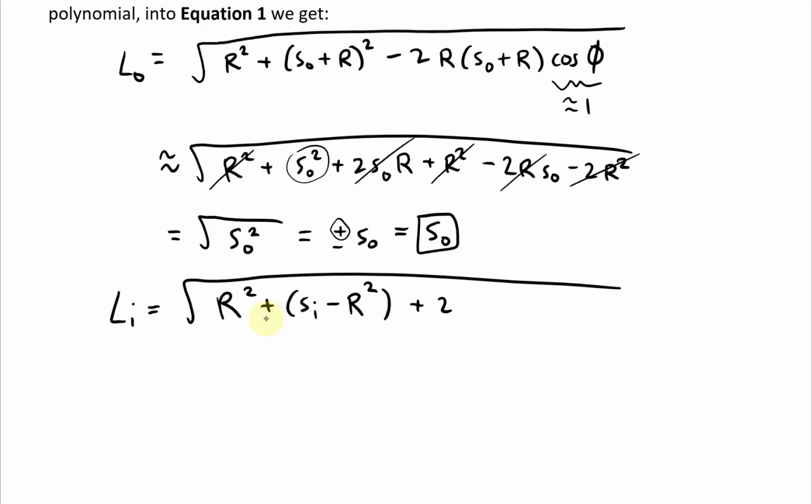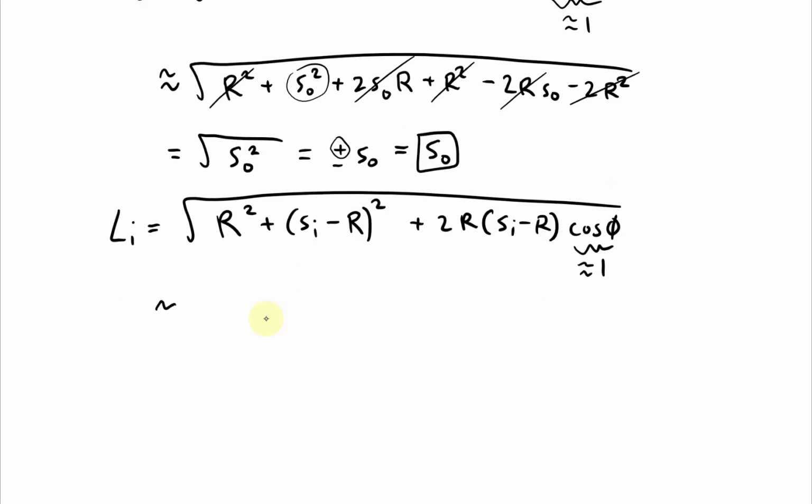So plus 2r, multiply the sides, s i minus r, and this squared is outside, not inside. This is going to be 2r, s i minus r, then cosine phi, and again, where this cosine phi approximately equals 1.